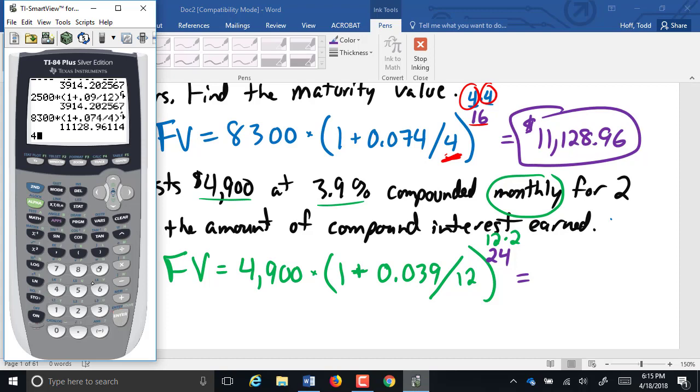So 4,900 times, parentheses, 1 plus 0.039 divided by 12, close parentheses, power of 24. 5296.83.